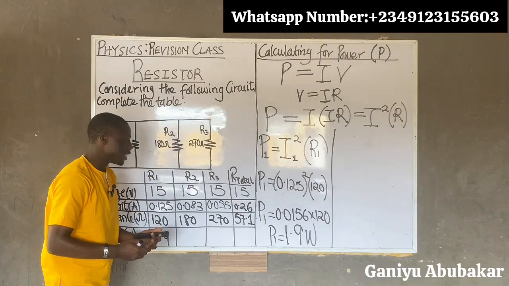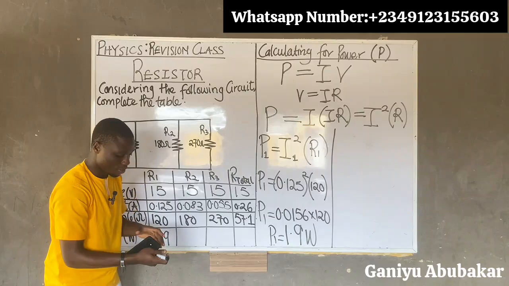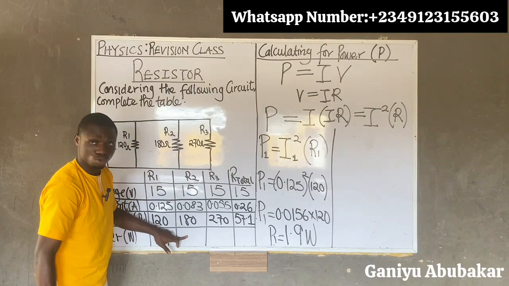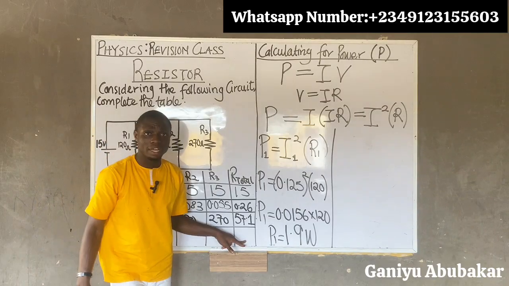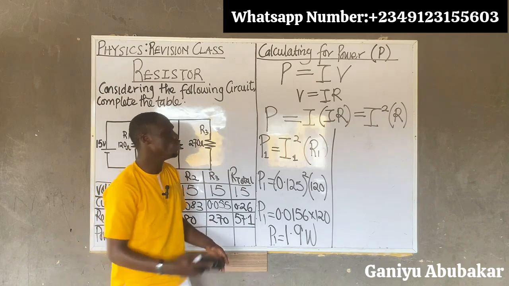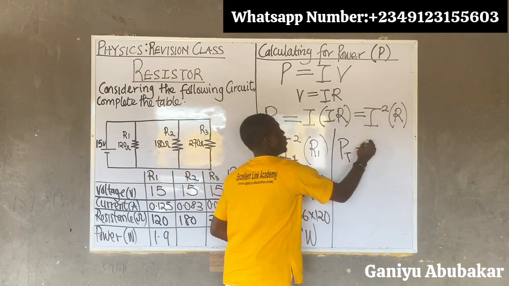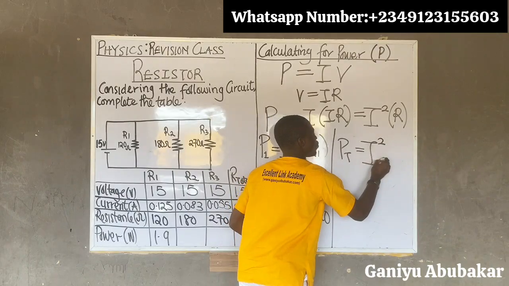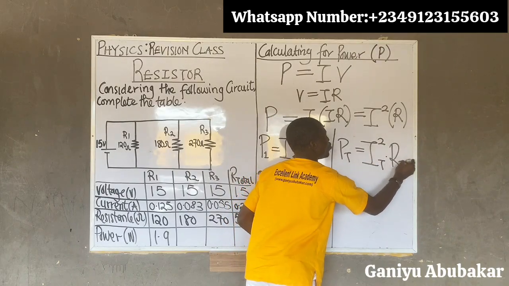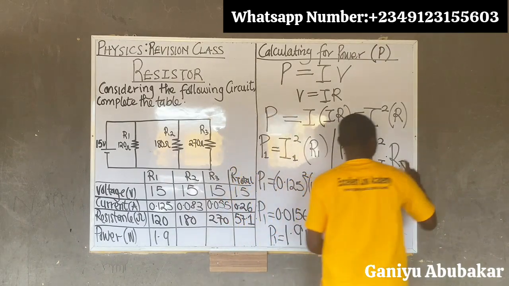Please help me get P2, P3, and P total. To get your P total, what do you do? It's easy: P total is equal to I total squared times R total. What's your R total?